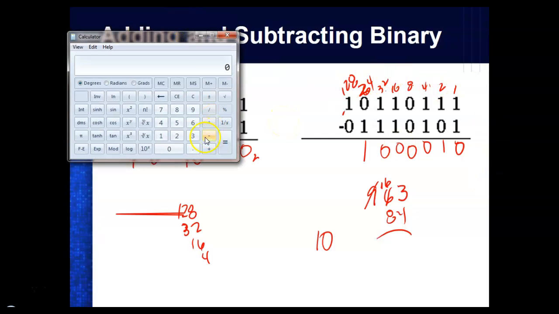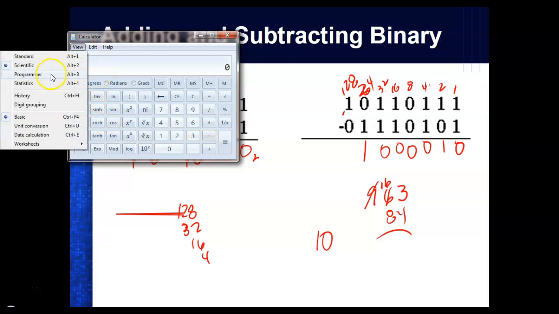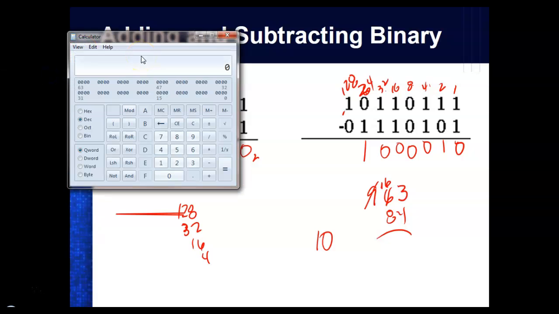So I'm going to come up here and go to my programmer's calculator. And then I'm going to go to binary. And I'm going to go 1, 0, 1, 1, 0, 1, 1, 1. Then I'm going to say minus 1, 1, 1, 0, 1, 0, 1, 1, 0, 1.